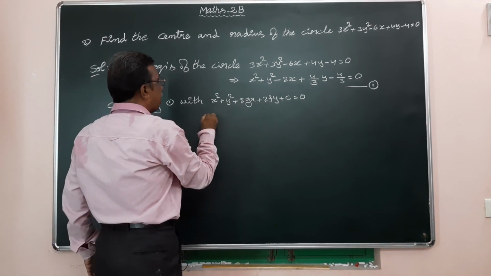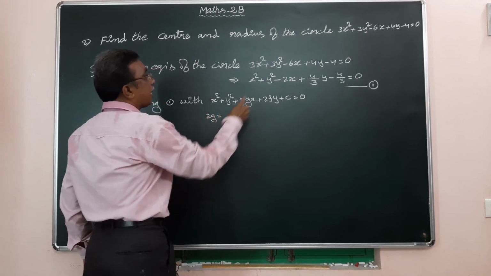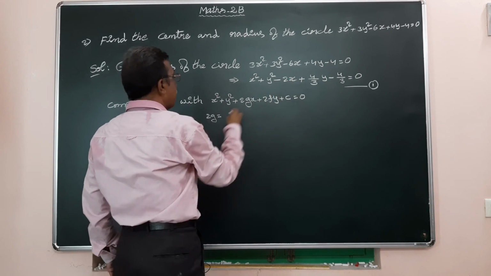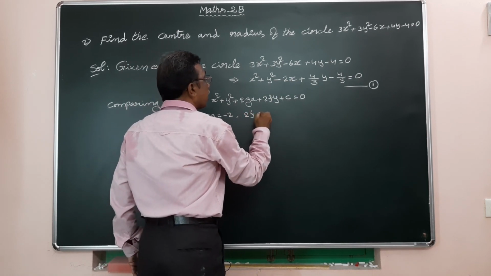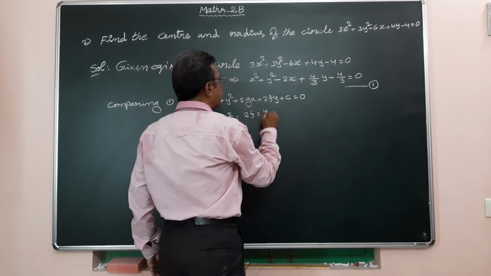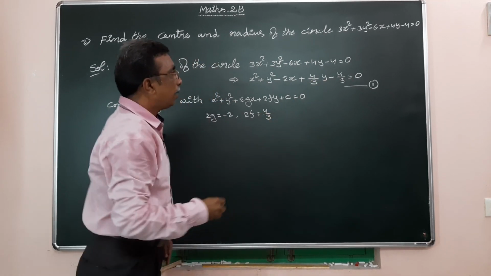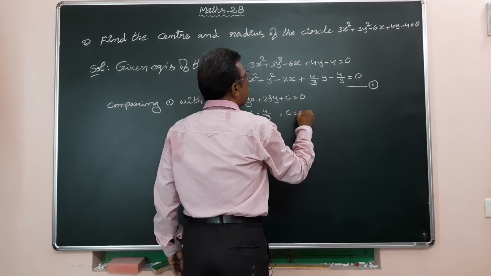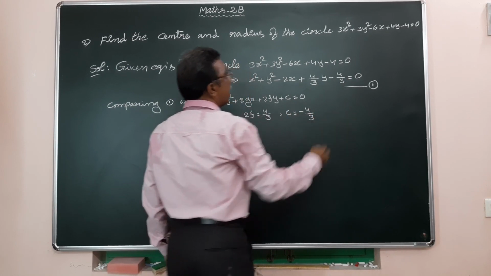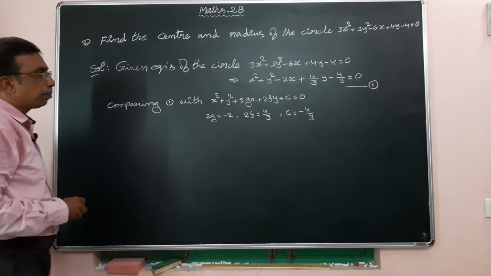Here 2g equal to the x coefficient, minus 2. 2f equal to the y coefficient, 4 by 3. C equal to minus 4 by 3.